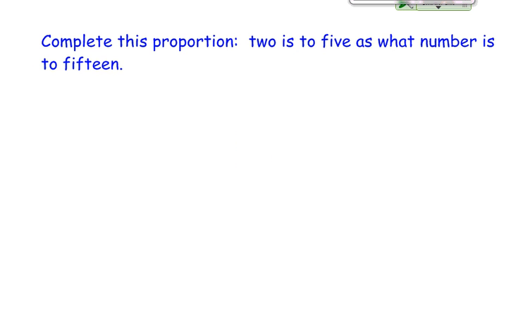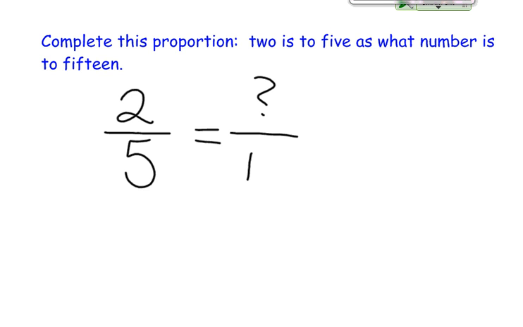Now, sometimes the sentences read just slightly differently, right? It says 2 is to 5 as what number is to 15. So in this case, it's saying 2 is to 5 as what number is to 15. Now, in this case, we're going to say, okay, I don't know what this is right here. So how are we going to find that out? And this is going to bring us back to looking at equivalent fractions.